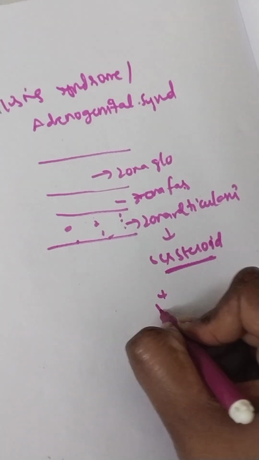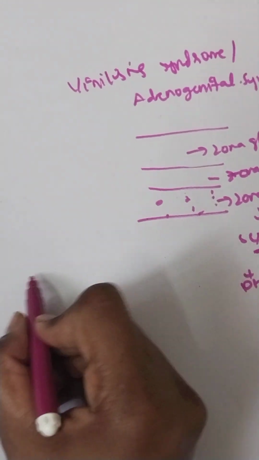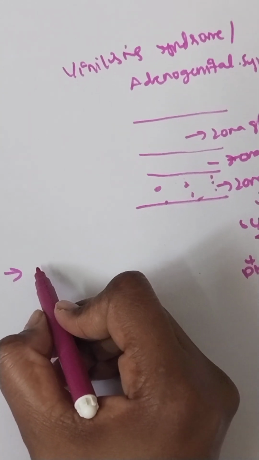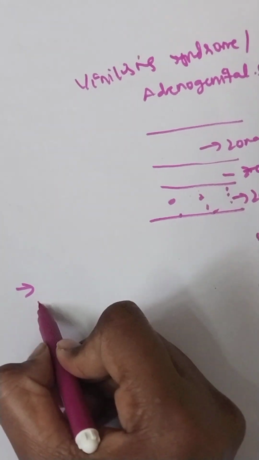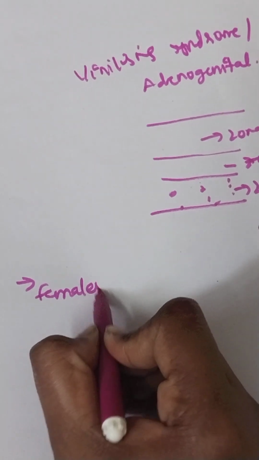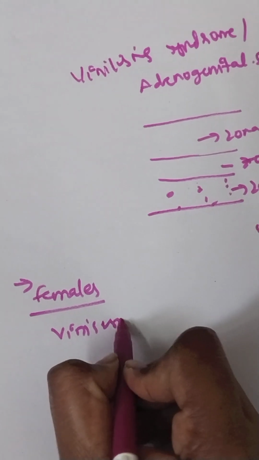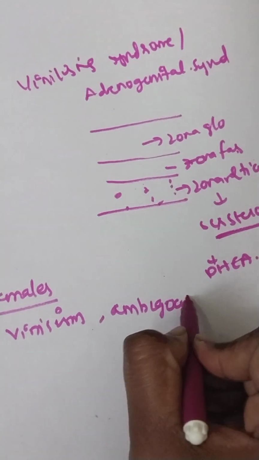So these sex steroids are mainly DHEA. This may be idiopathic, and congenital adrenal hyperplasia is also one cause. So in females, the clinical features will be virilism and ambiguous genitalia.